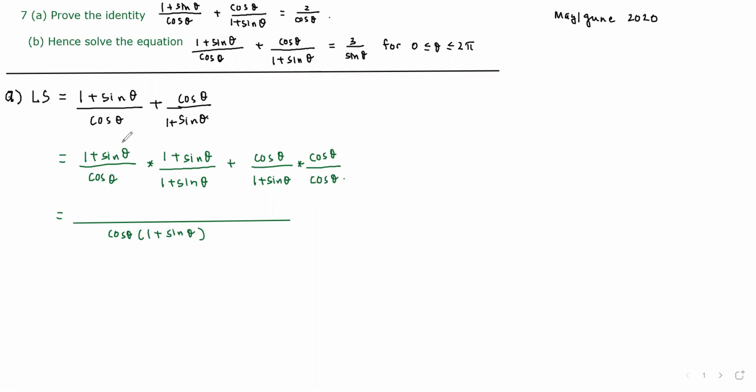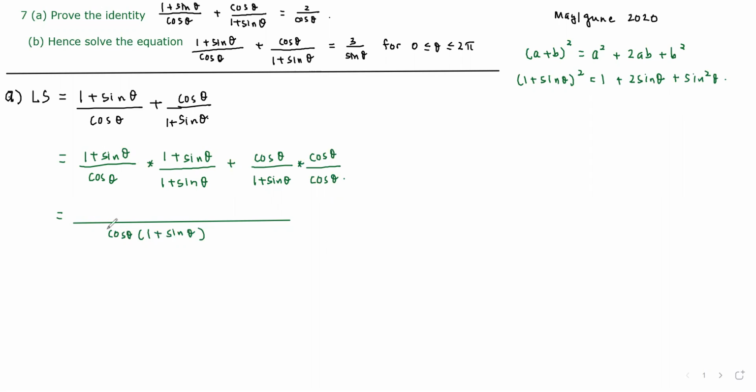1 plus sine theta times 1 plus sine theta. This is actually in the form of a plus b squared, which can be written as a squared plus 2ab plus b squared. So over here, 1 plus sine theta squared is given by 1 squared, which is 1, plus 2 sine theta plus the square of sine theta.